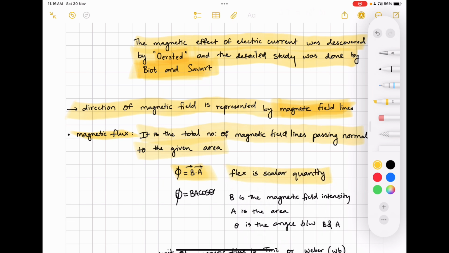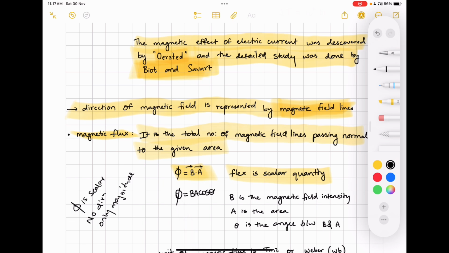Sorry, phi has only magnitude and no direction. Phi is a scalar quantity, it has only magnitude, no direction.